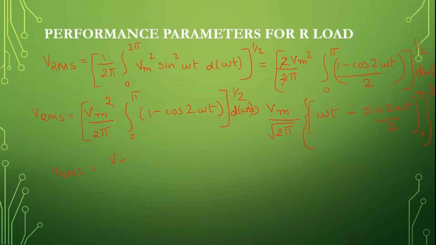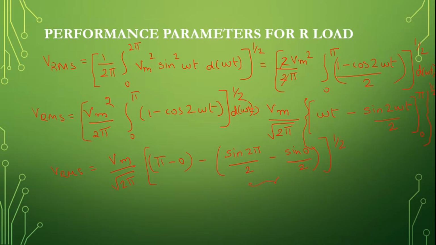VRMS is equal to Vm by root 2 pi, and applying the limits, upper limit minus lower limit, it is pi minus 0 minus (sin 2 pi by 2 minus sin 0 by 2), whole within the root.